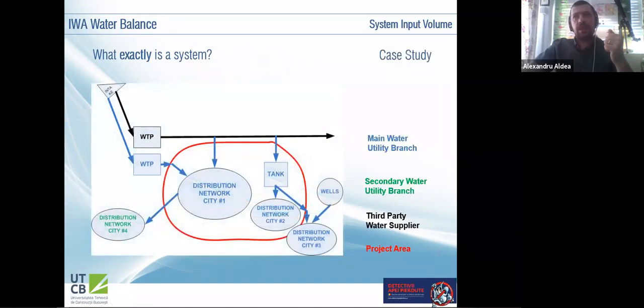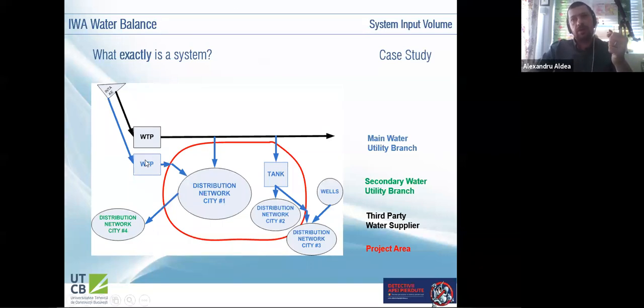We have something like this, and I will try to explain. In blue, you will see the main water utility branch. We have a bigger utility that had several branches. So the main utility branch was this one in blue.